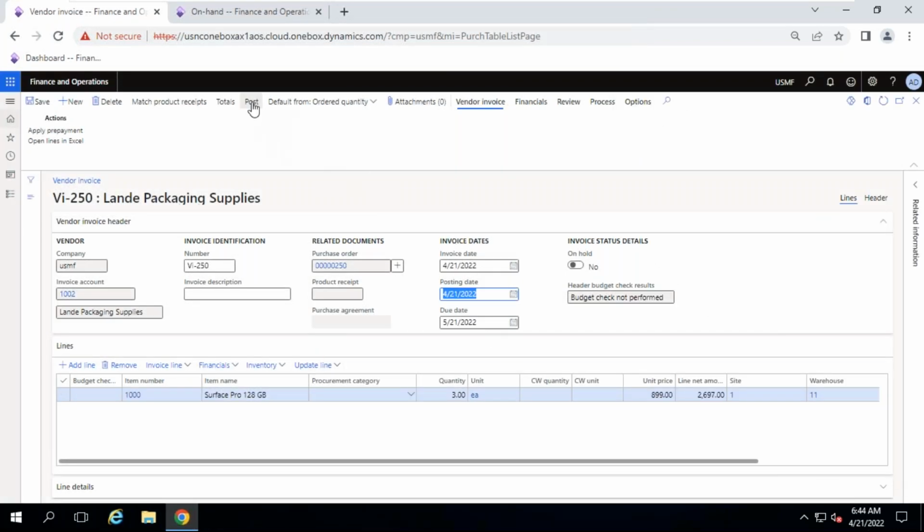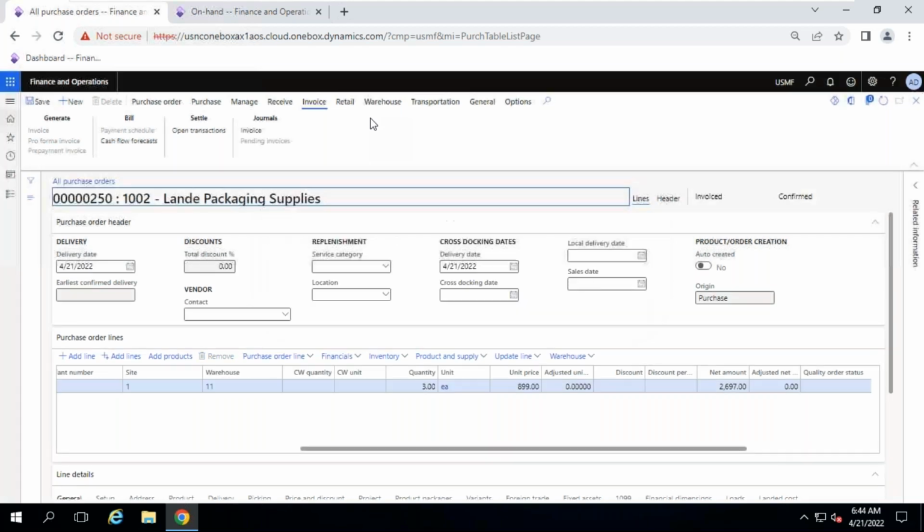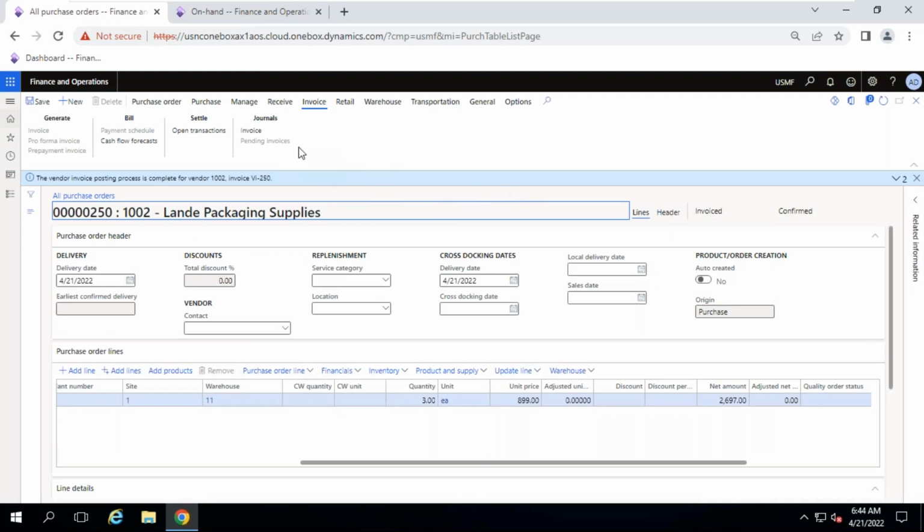Now click on post. So the invoice is posted.